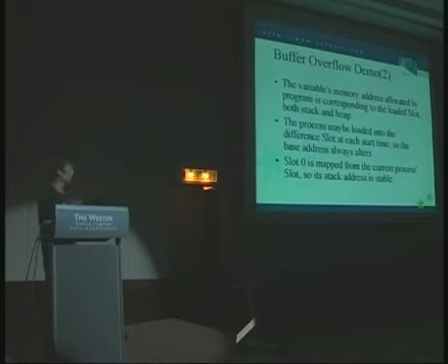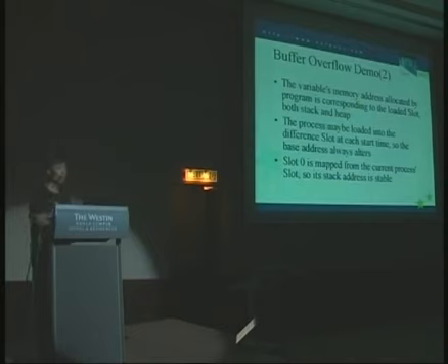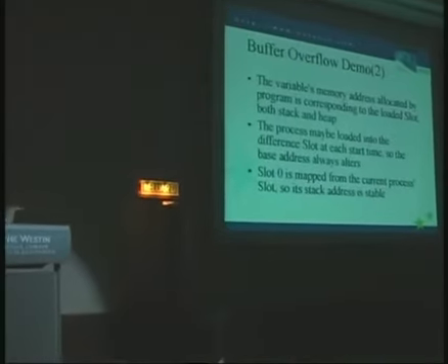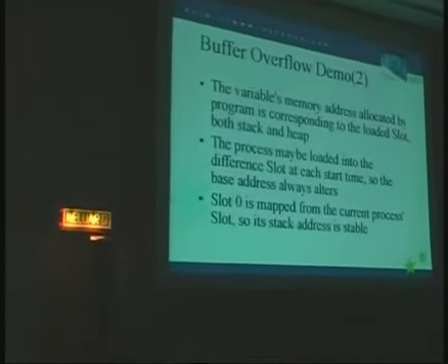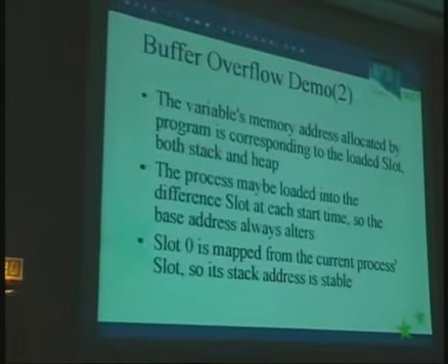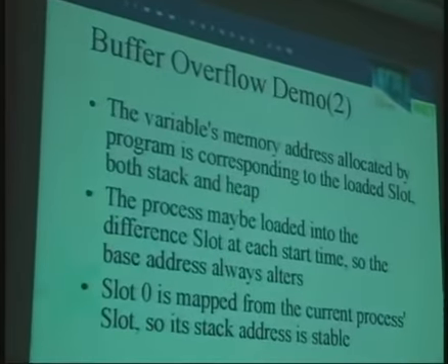The variable's memory address allocated by the program corresponds to the loaded slot, both stack and heap. So the process may be loaded into different slots at each start time, so the base address of its stack always alters. But we know that slot 0 is mapped from the current process slot, so its stack address is stable.